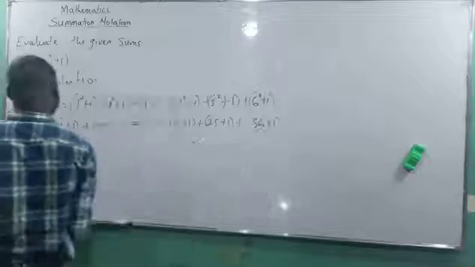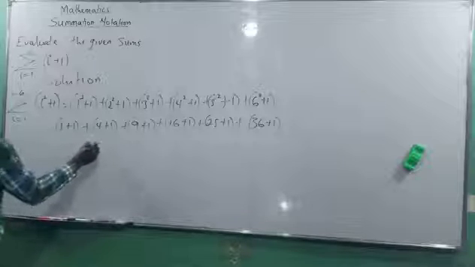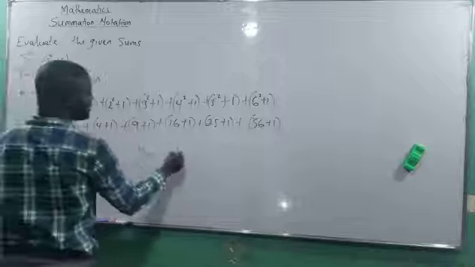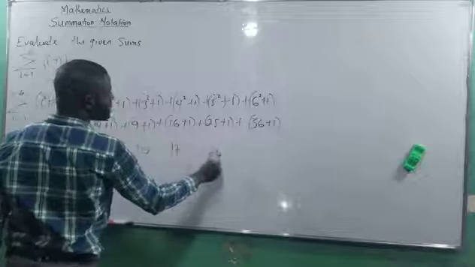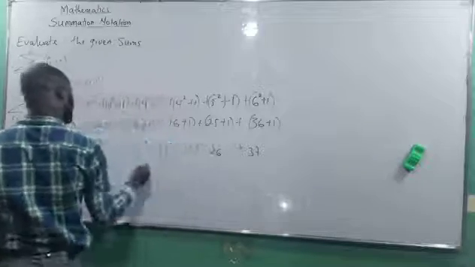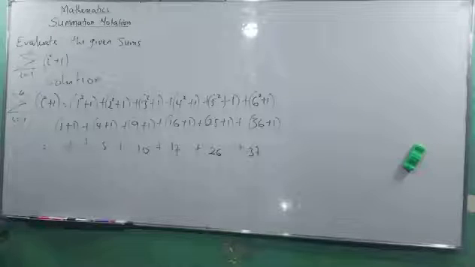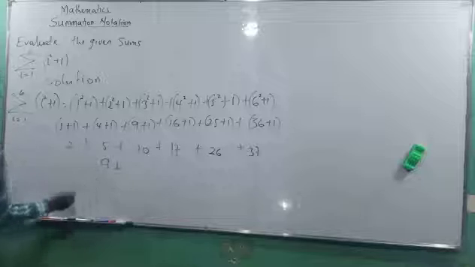By doing this, I will have 2, 5, 10, 17, 26 and 37. Can you see what we are talking about? When I add up everything, it will give me 97.